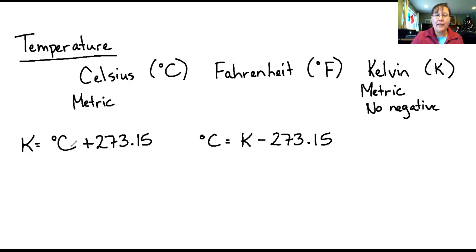Now let's say that we want to go between Celsius and Fahrenheit. There are equations that go between Celsius and Kelvin and Celsius and Fahrenheit. So if you want to go from Fahrenheit to Kelvin, you have to stop at Celsius first. Let's say that we want to go from degrees Fahrenheit to degrees Celsius. That means that Celsius is our answer.